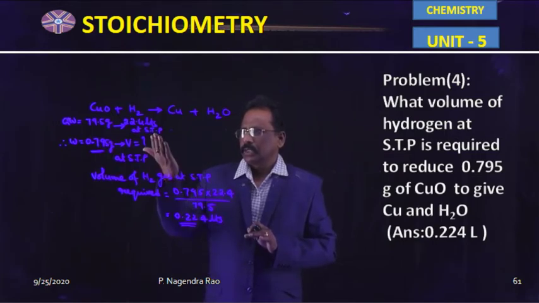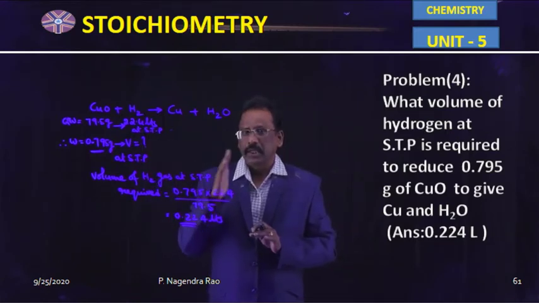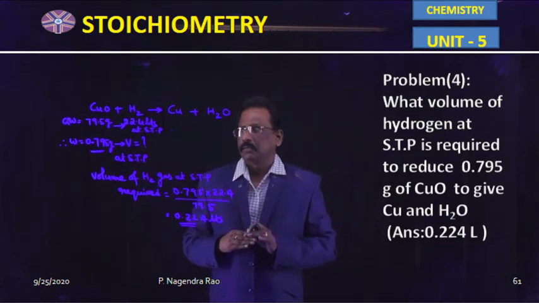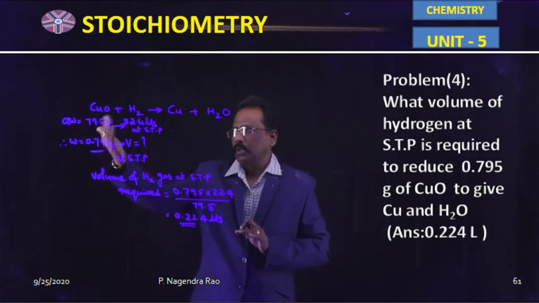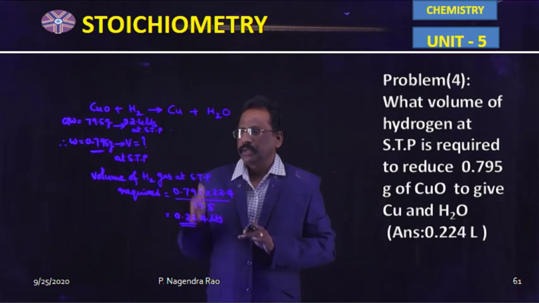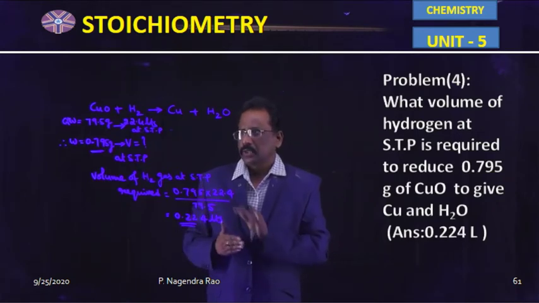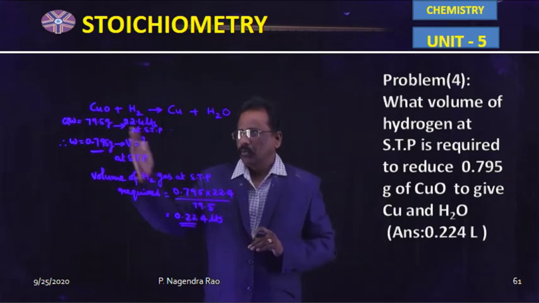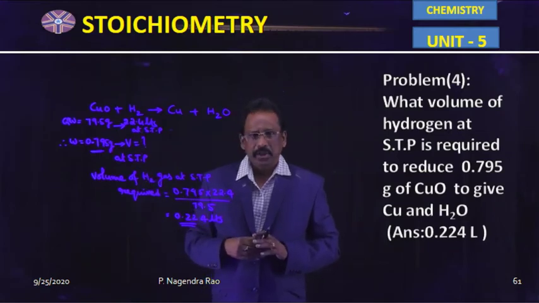So that much volume of hydrogen gas is required to reduce 79.5 grams of cupric oxide, because the gram molecular weight of cupric oxide is 63.5 plus 16. So this is about the weight volume relationship.